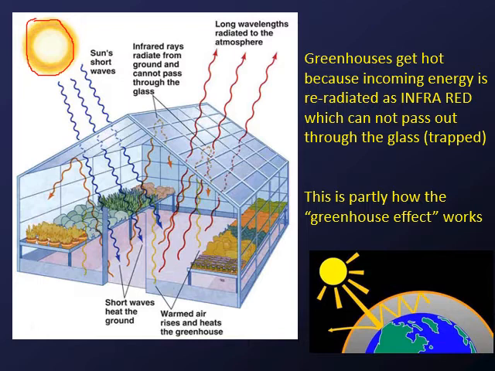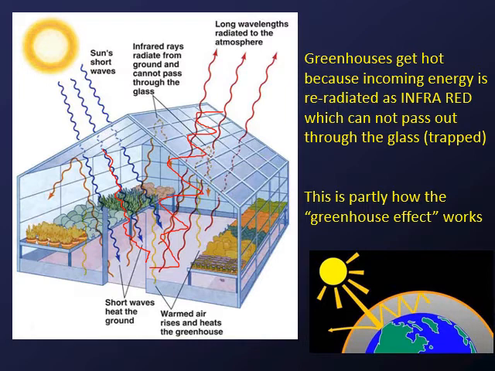Because of physics and thermodynamics and stuff, I don't want to scare you all with that, but essentially, no system is perfectly efficient. So when light comes in and hits a surface, right, some of the light is reflected immediately, and some of it is re-radiated, but at a longer wavelength and slightly less energy.